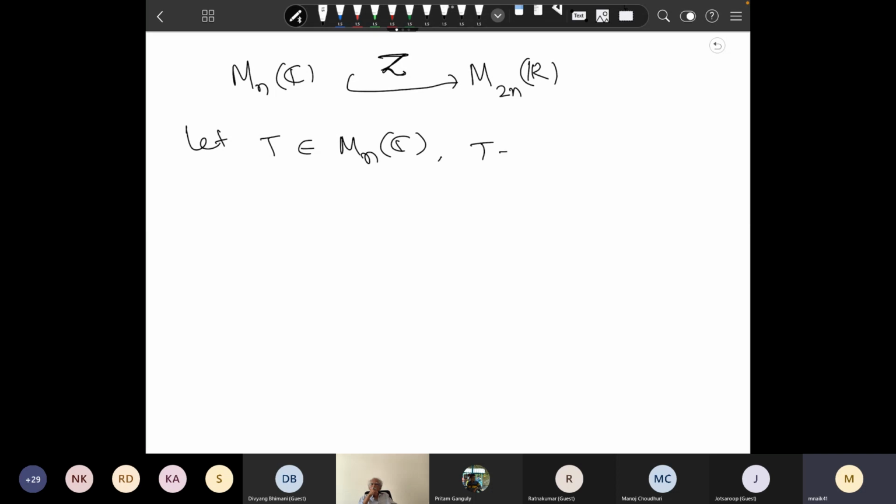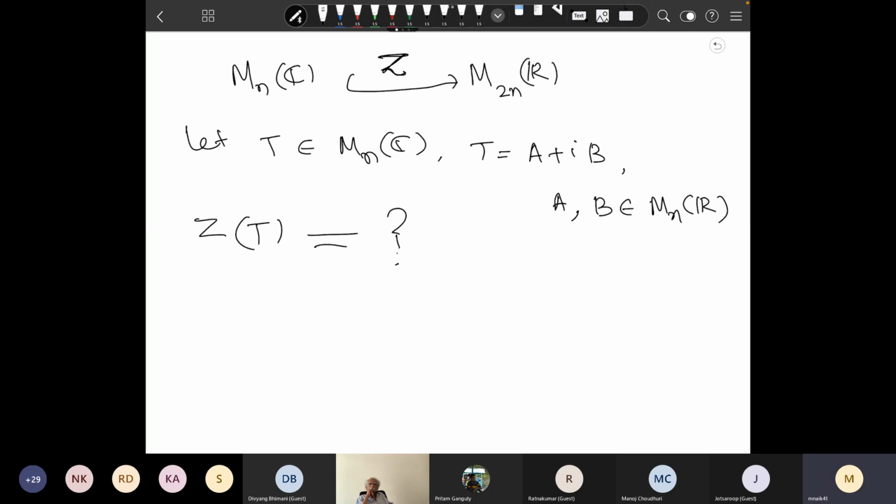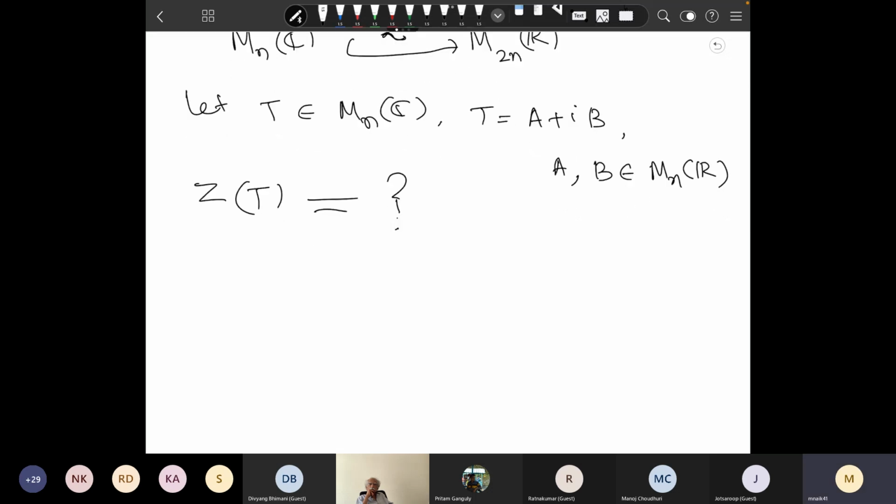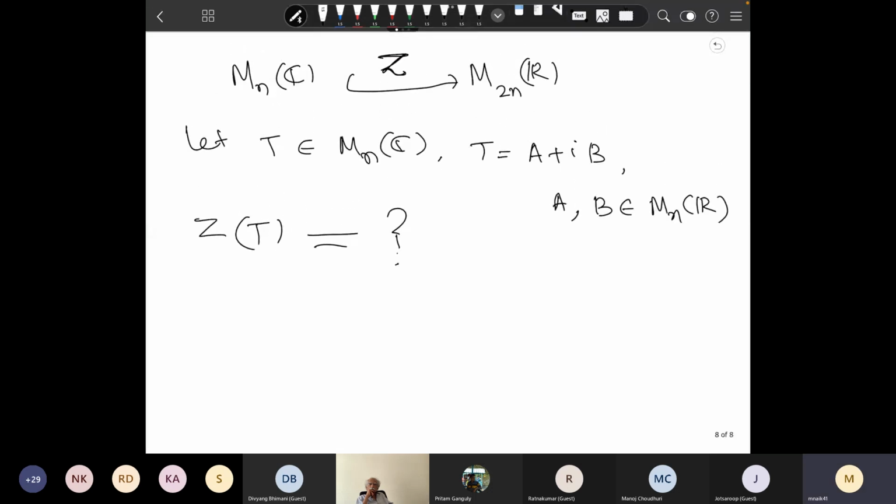Now T you can write as A plus iB, where A, B belong to M_n(R). I want to see what ZT is basically. This is my question, to determine what is ZT.